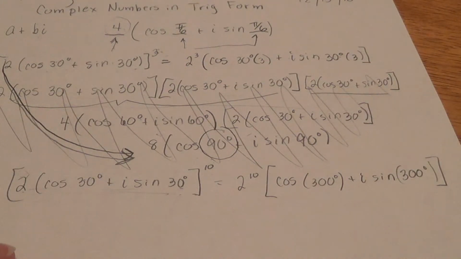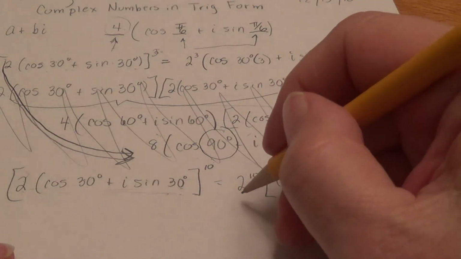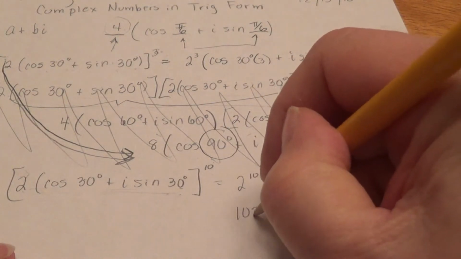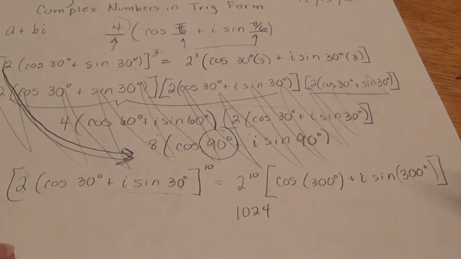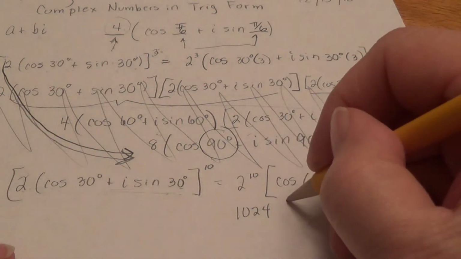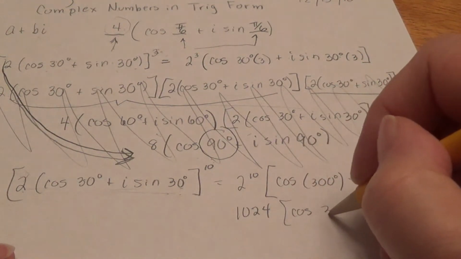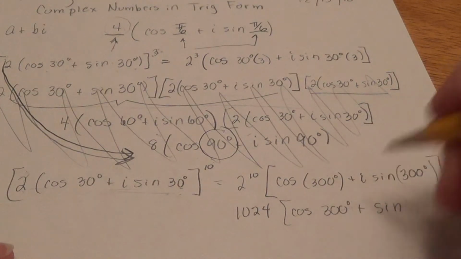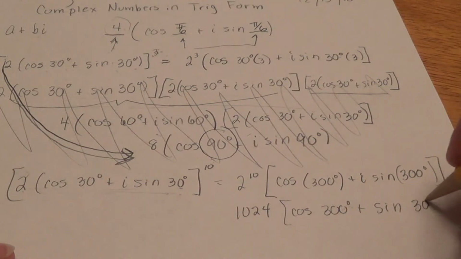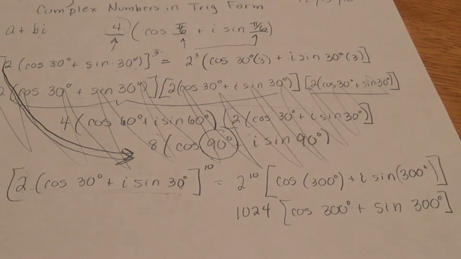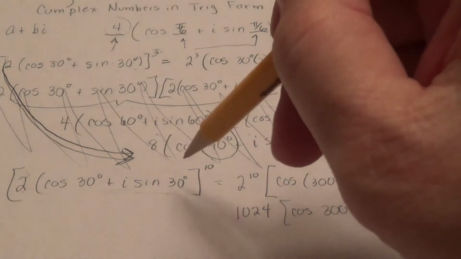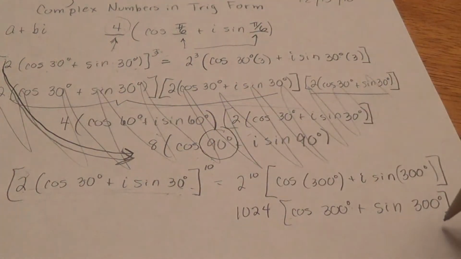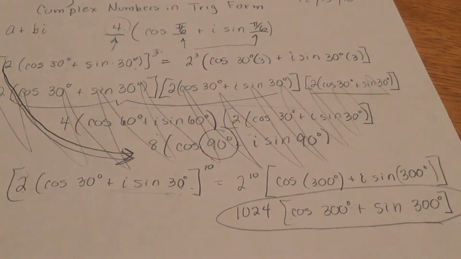So 2 to the 10, I believe it's 1024, forgive me if it's not. And then this follows cosine 300, i sine 300. Always check and see if this number is greater than 360 and reduce it back down. But ours is fine. I'm going to leave it in trig form. So that's how we go from the problem to the answer quickly.